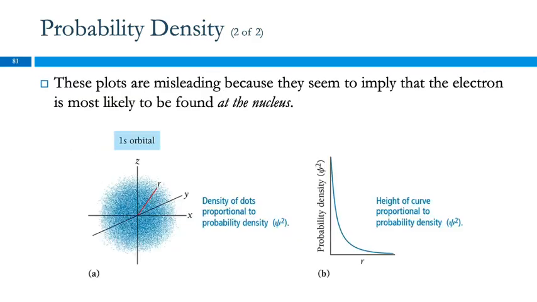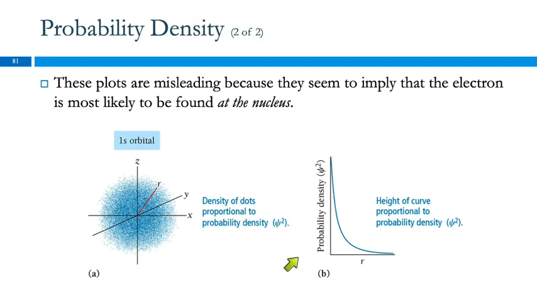So we can look at pictures like this, and we see this as a representation of the 1s orbital. It is a fuzzy picture. The 1s orbital is not a ball container that the electron has to be inside of. There's a fuzzy edge. There's not an exact boundary.